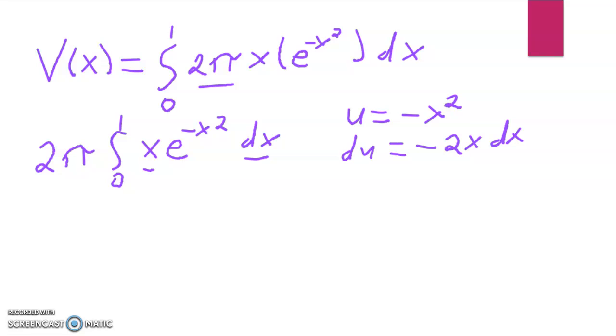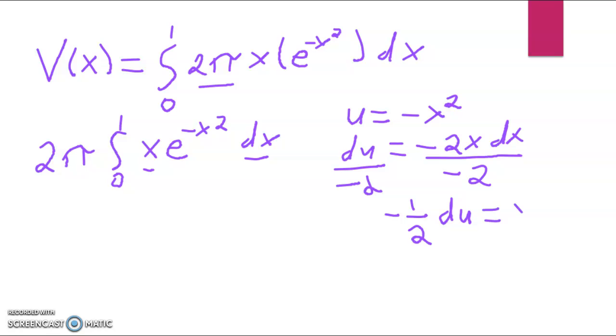Sorry, this computer is extremely slow. And now we're left with negative 1 over 2 du is equivalent to x dx.